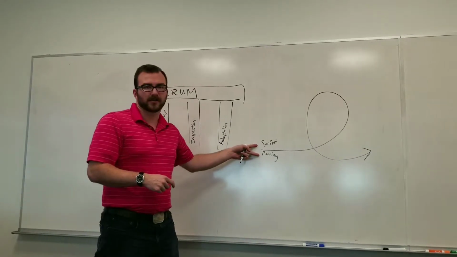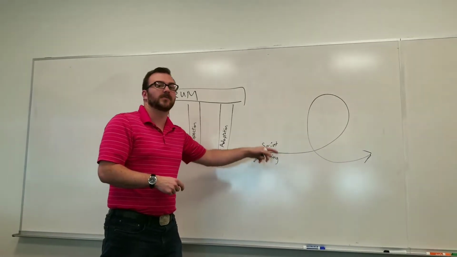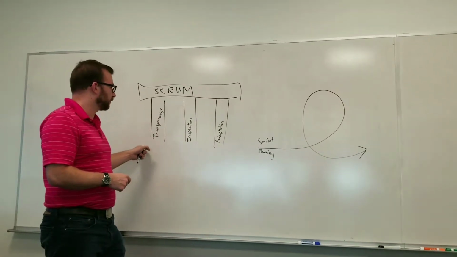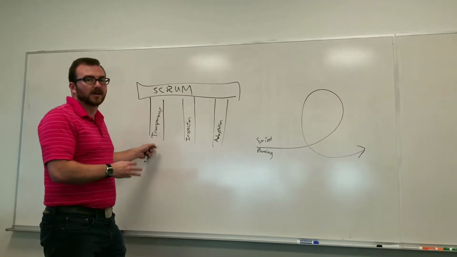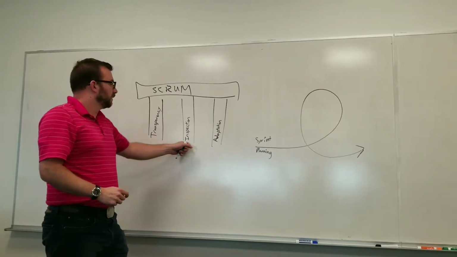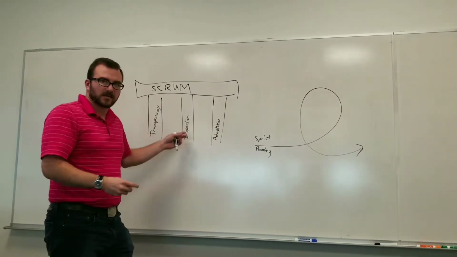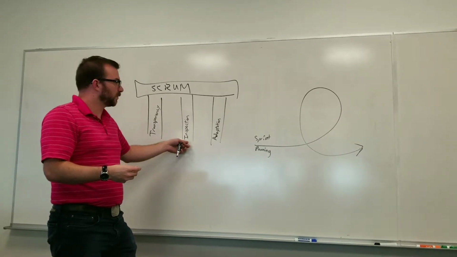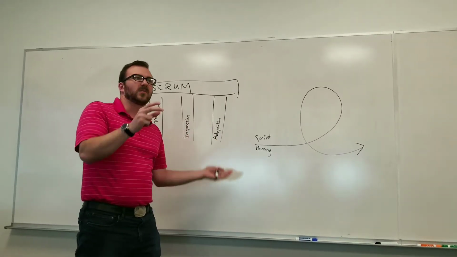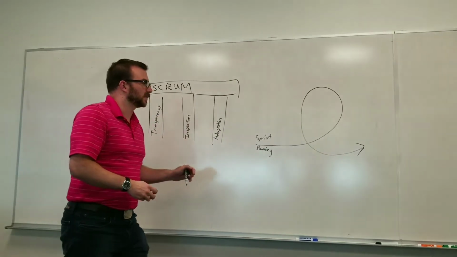Our artifact coming out of sprint planning is our sprint backlog. Transparency. We know what we're going to do. We're able to communicate that artifact out to stakeholders, team members, management, whoever else may be involved. We can inspect: are we doing the right thing at this point? How are we doing it? And in our sprint planning, we can adapt the way we go through things, if necessary.